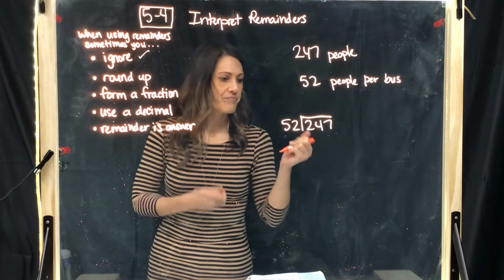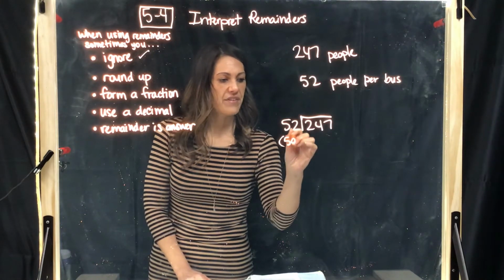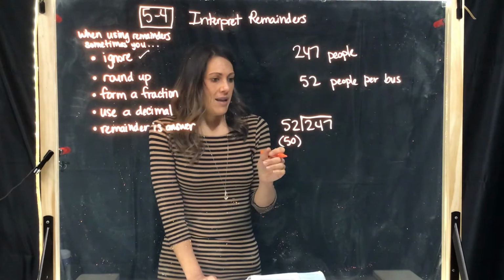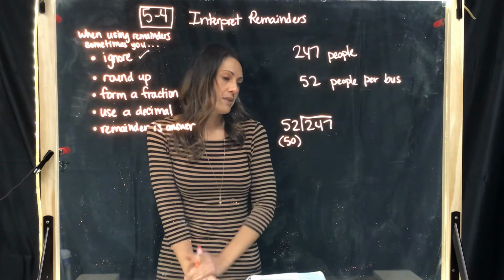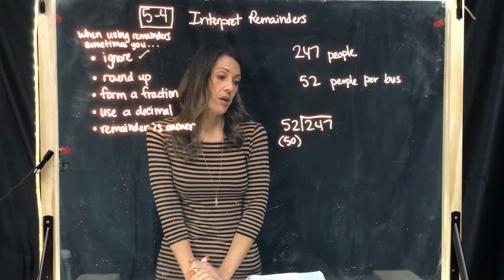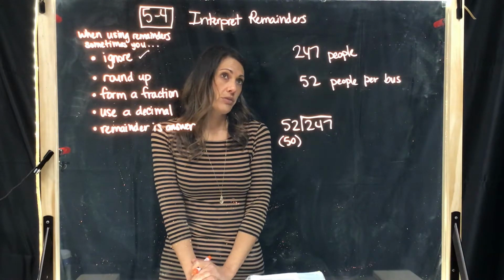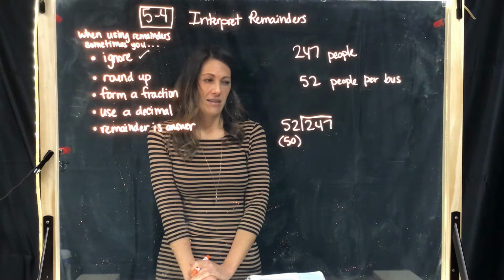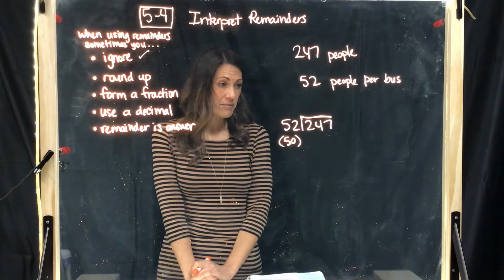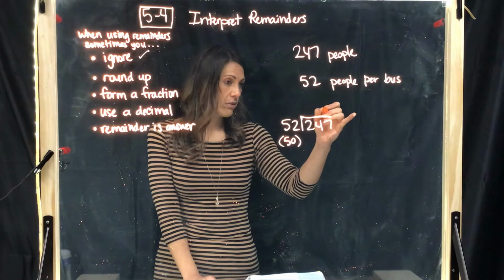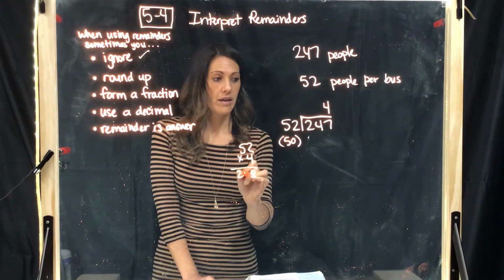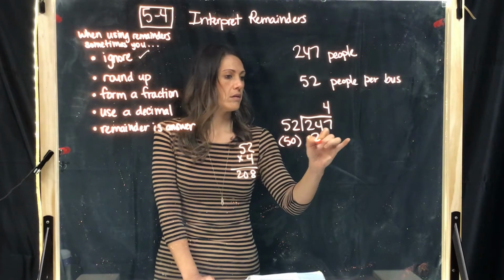Let's divide. This is closer to 50 than 60. So I'm going to round that to 50. And think about how many times that would go into 247. Well, it would go into 200 4 times. And maybe we could get 5 times. I'm not sure. Let's try 4. Okay. Times 4 is 208.